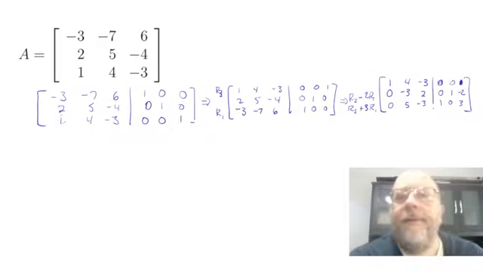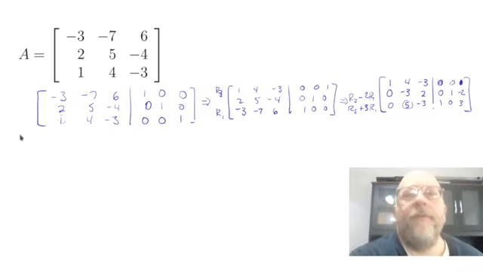All right. So now I need to change this 5. 5 and negative 3 don't play too nicely, but we can use a linear combination here. We'll take 5 times row 2 plus 3 times row 3.